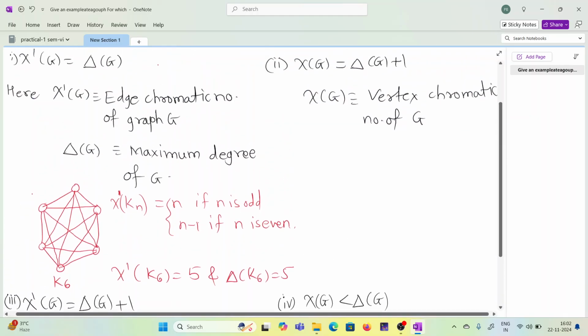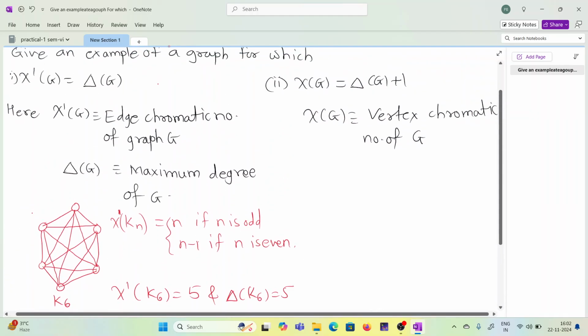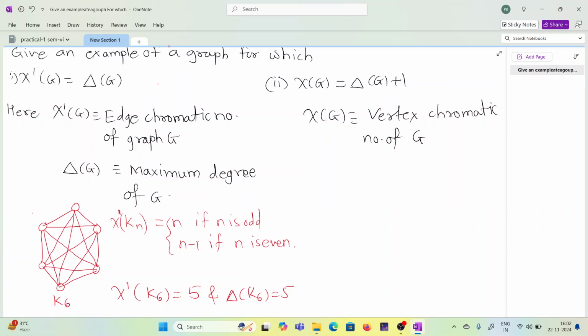Now let us draw another graph for which chi of G is equal to delta G plus 1. But what is chi of G? Chi of G means vertex chromatic number of graph G. To draw an example of this, I have drawn a simple graph K3. For K3, the vertex chromatic number chi of K3 is equal to 3.